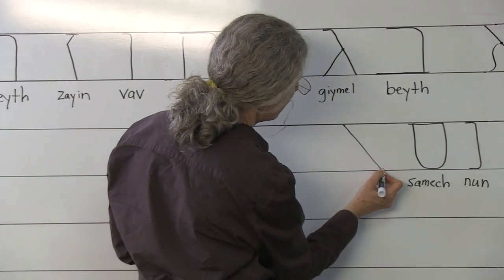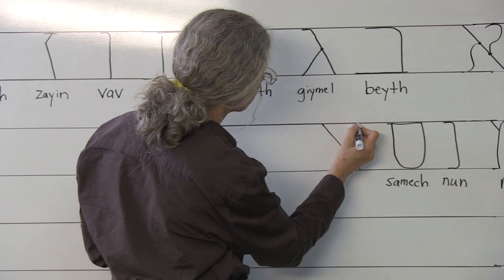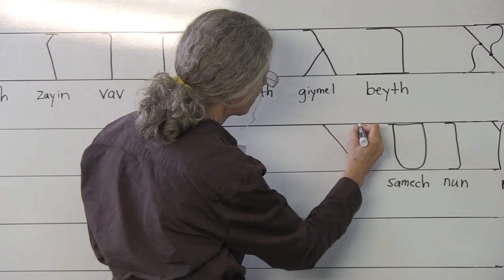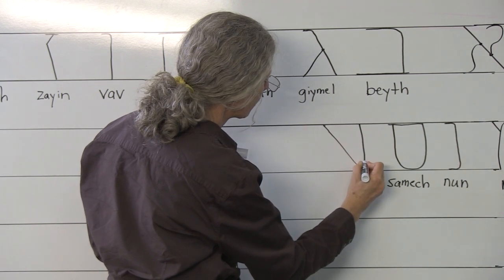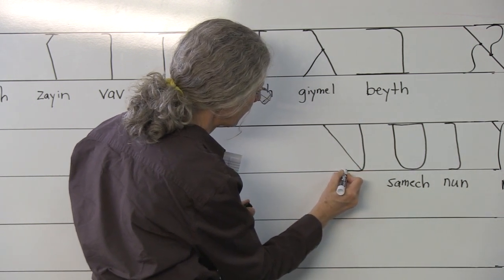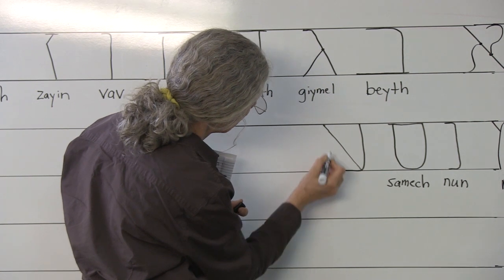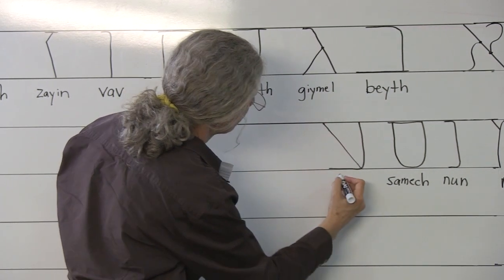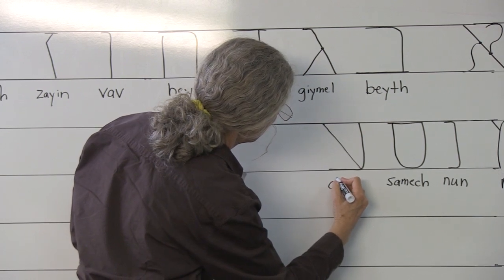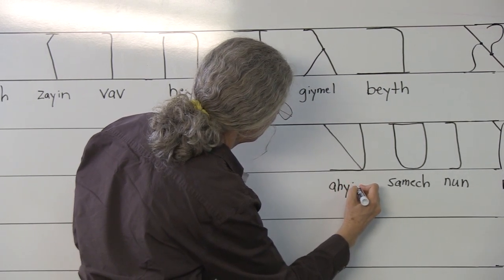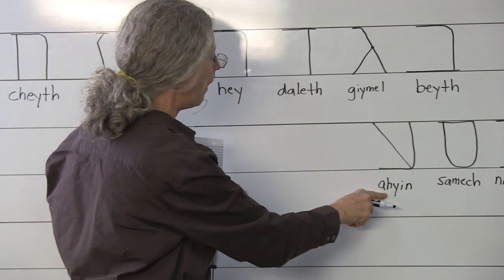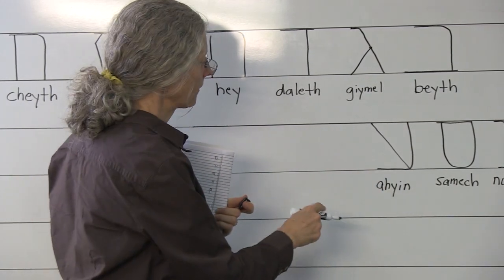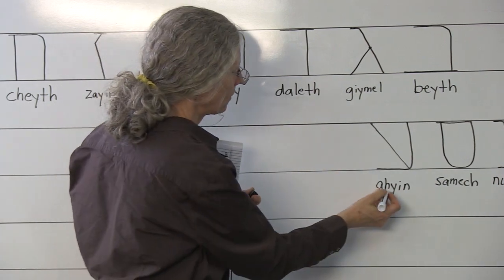Then flush with this line up here, you're going to be going back to the top, but then you're going to make a big curve and stick it out like this. Flush with this one here. Okay, so ayin. So when you see that aw sound here, that usually means there's an ayin there in the word.